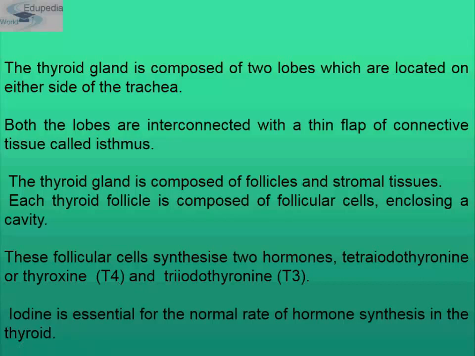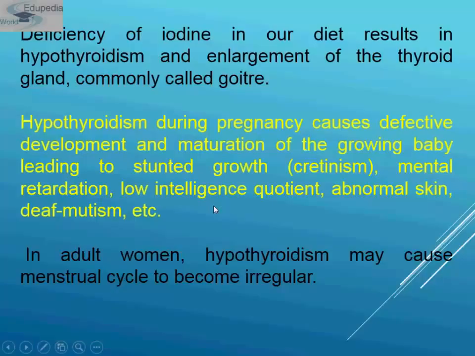Okay, so iodine is essential for the normal rate of hormone synthesis in the thyroid gland. Now, deficiency of iodine in our diet could result in hypothyroidism. Okay, as I said, deficiency of iodine in our diet results in a hypothyroidism kind of disease.